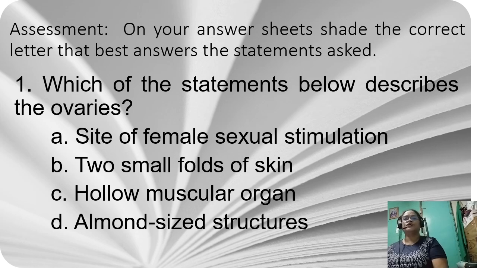B. These are two small folds of skin. Letter C. Hollow muscular organ. Letter D. Almond-sized structure. Five seconds to answer. The answer is letter D.